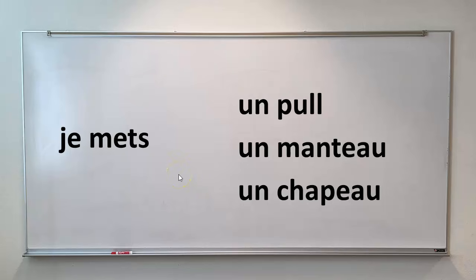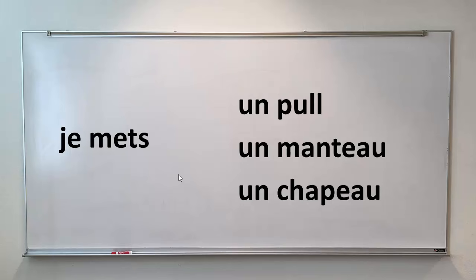One final thing that I'd like to mention about the verb mettre, meaning to put on, and this is a question that usually arises with students that speak English as a first language, is the idea of put on. They often want to provide another word for on, but you have to know that it's understood in the verb itself. So mettre can mean to put, as in put something somewhere.